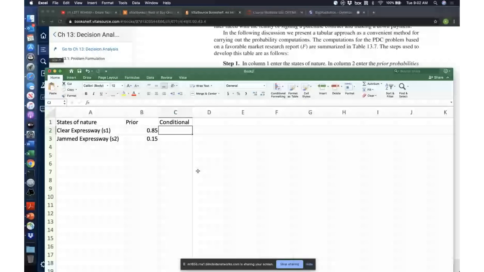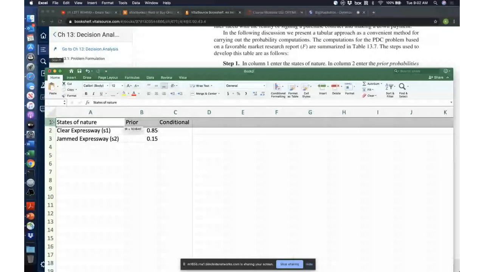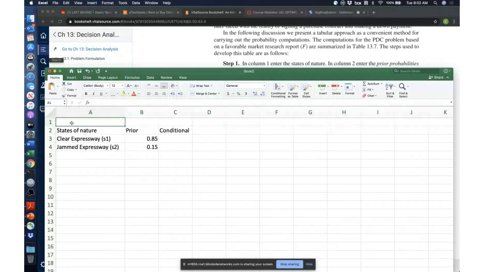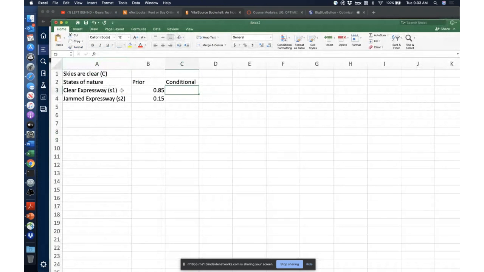So here we're trying to calculate skies are clear. This is a table for skies being clear, that's C. What is the probability that the skies are clear whenever the expressway is jammed?